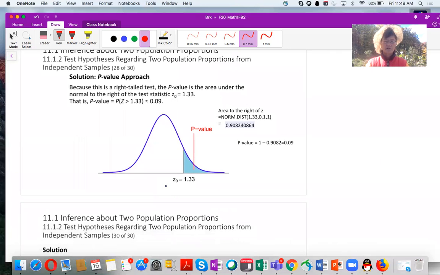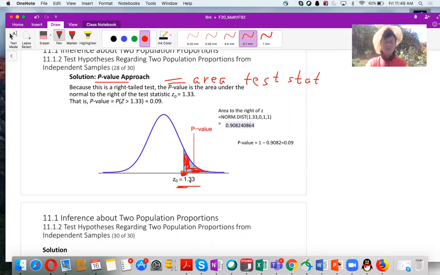Next, the p-value approach. Remember, what is the p-value? The p-value is the area corresponding to the test statistic. In the diagram, you label the test statistic 1.33. Because this is a one-tailed test, the p-value is the right tail area related to 1.33.